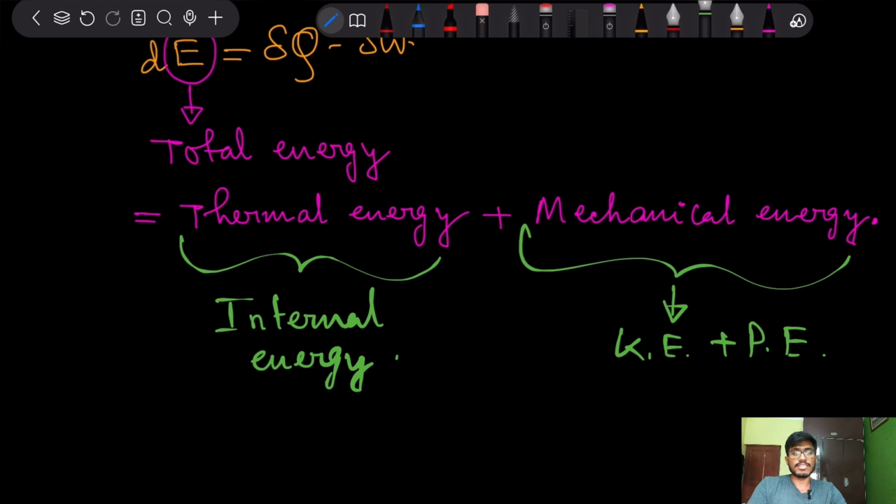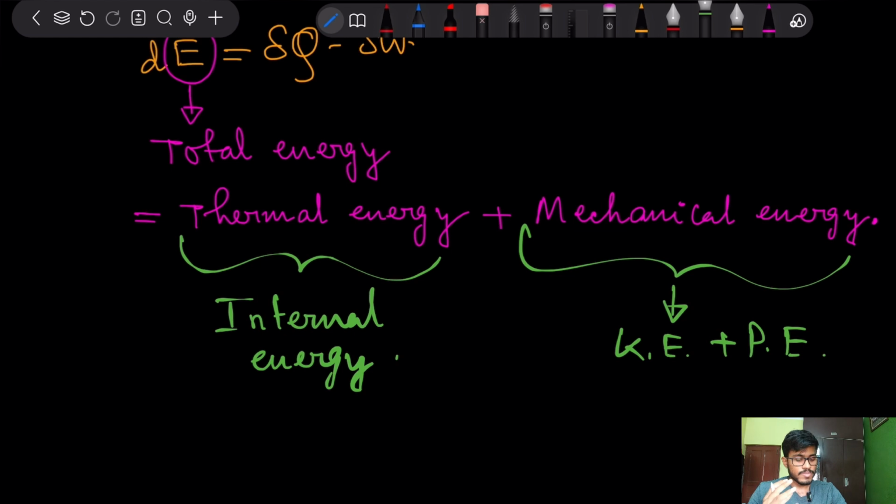So what is internal energy? Internal energy is the energy of the atoms or molecules with which the material is made. They possess vibrational, translational or rotational energies, and other than that, it can also include chemical energy, magnetic energy, etc. This is the microscopic concept.